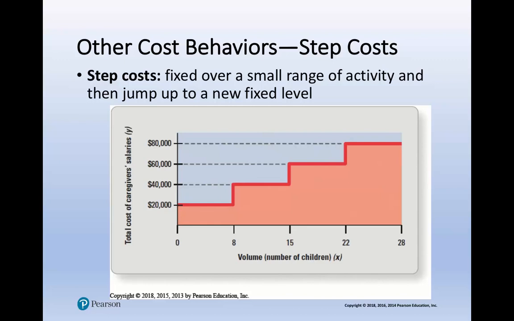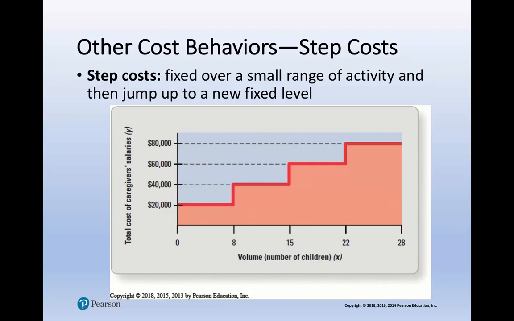So if the marginal revenue for that 15th child is only $5,000, that one additional child isn't worth hiring another caregiver. But maybe once we're at 14, we wait until there's 3 or 4 more children on the wait list, then we allow all those children to come in at the same time, where the additional revenue from the 4 children is going to offset that additional caregiver we need to hire.